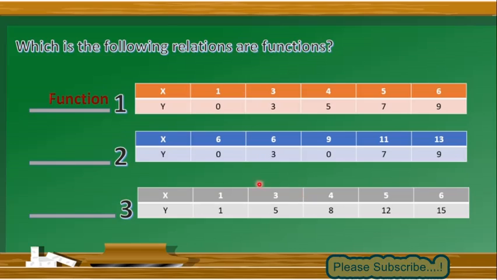For number 2, the x values are 6, 6, 9, 11, 13, associated to the y values 0, 3, 0, 7, and 9. As you can see, there is a number repeated in the x values, so this is not a function.